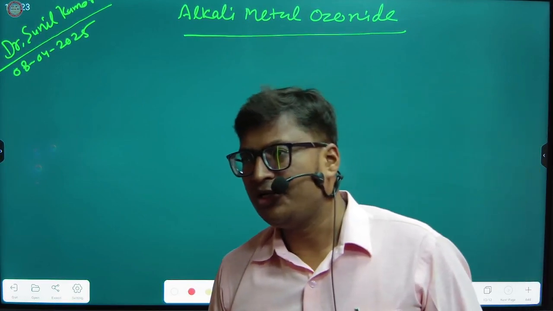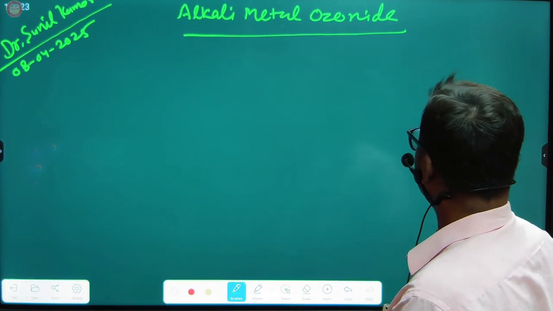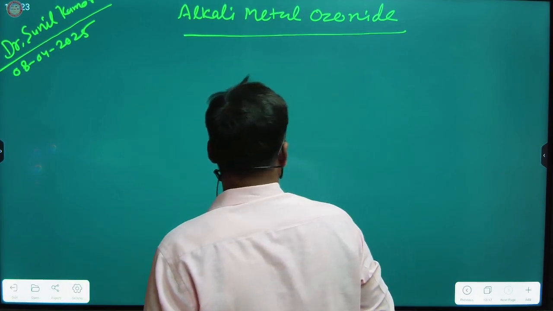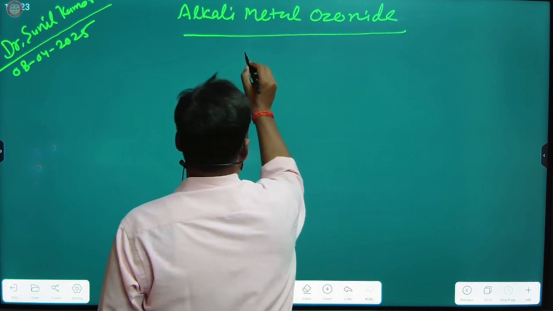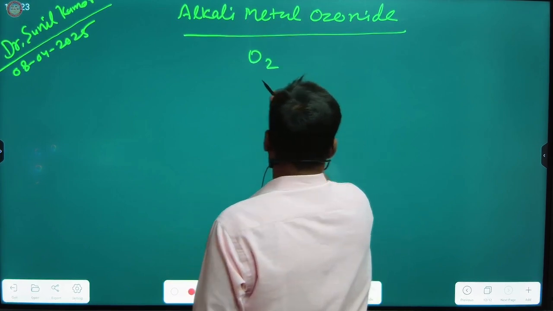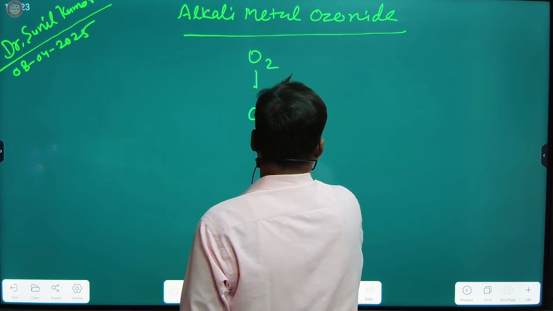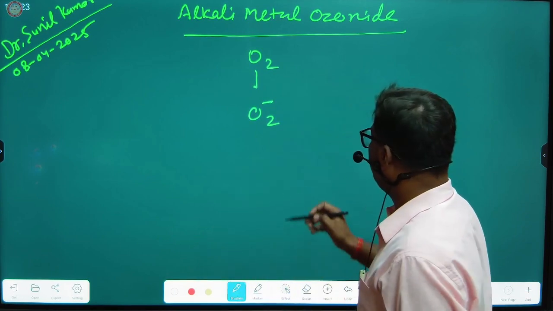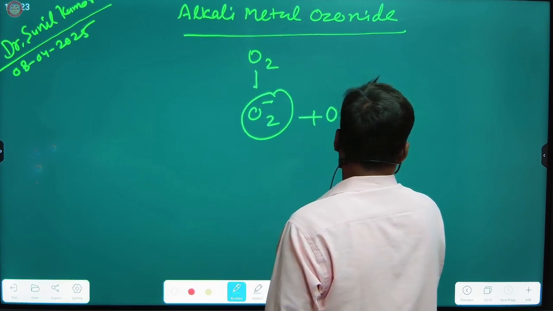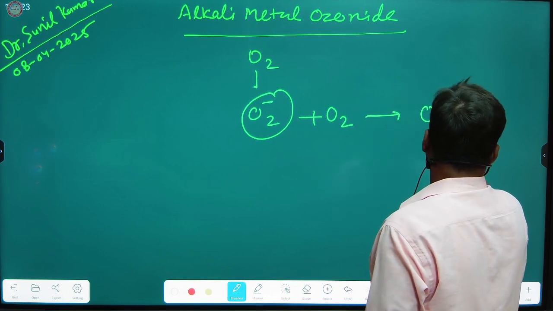In this lecture, we will focus on alkali metal ozonides. Ozonide is the next allotrope of oxygen after oxygen O2, which forms O2 minus, that is superoxide. Once they react with oxygen, they form O3 minus.